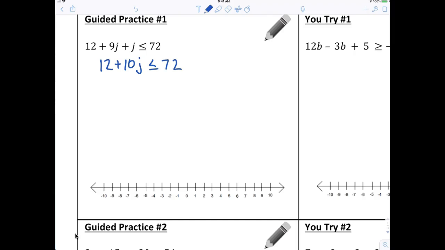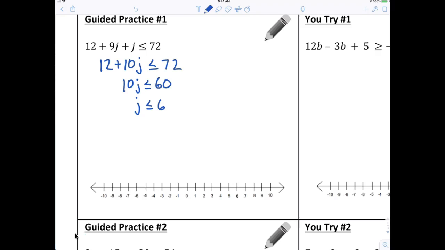Any questions with that? Combining like terms. Then from there, subtracting 12 from both sides, I end up with 10j is less than or equal to 60. And then when you divide both sides by 10, you end up with j is less than or equal to 6.